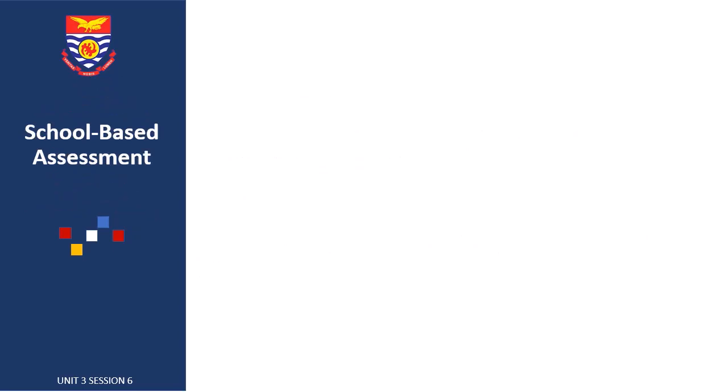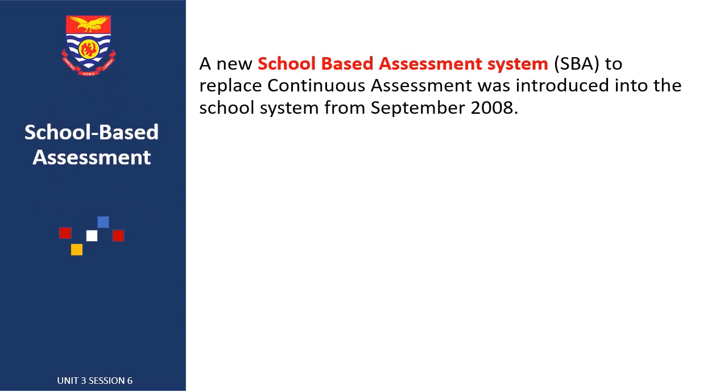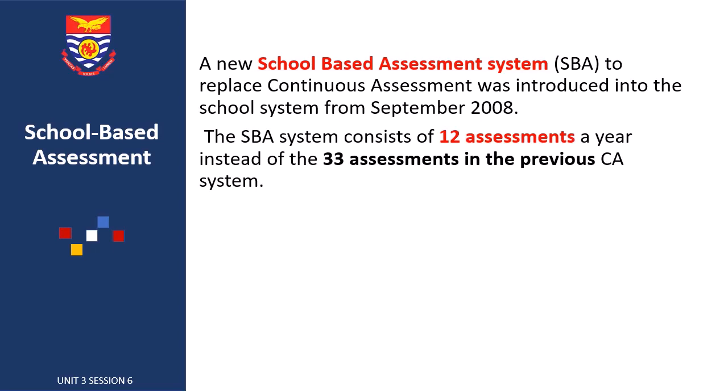Okay, let's look at school-based assessment. A new school-based assessment was to replace continuous assessment. It was introduced into the school system from September 2008. The school-based system consists of 12 assessments a year instead of the 33 assessments of the previous continuous assessment.